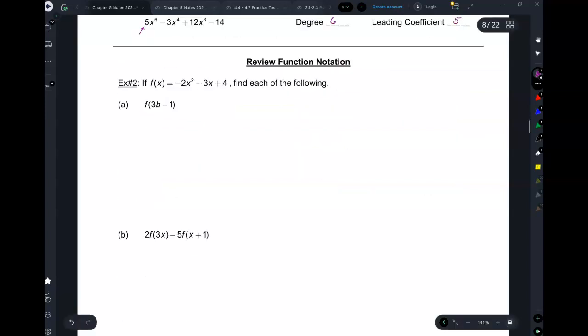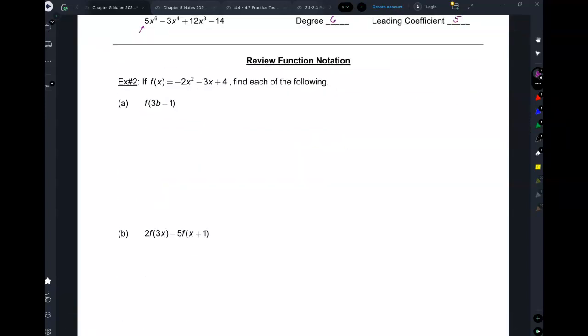All right? So let's talk a little bit about function notation. So here we have f of x, and we want to find f of 3b minus 1. That means every x has to be replaced by 3b minus 1. So this is going to be negative 2 times (3b minus 1) squared, minus 3 times (3b minus 1), plus 4.